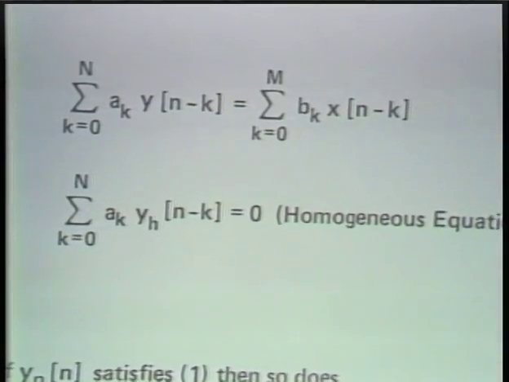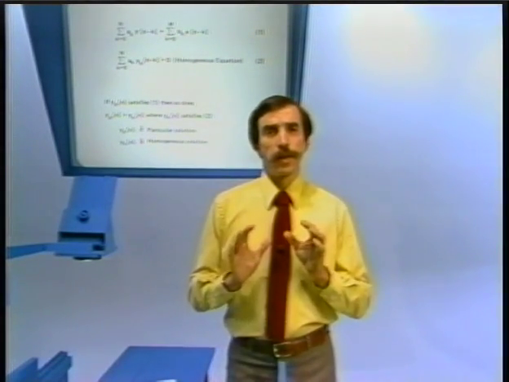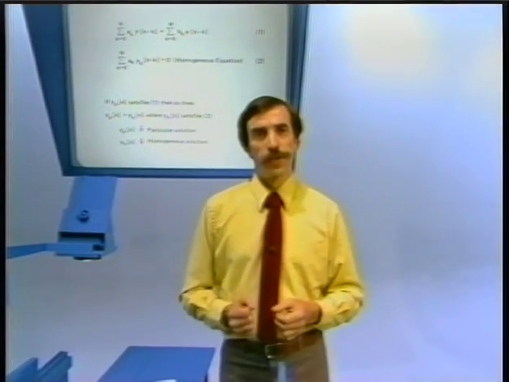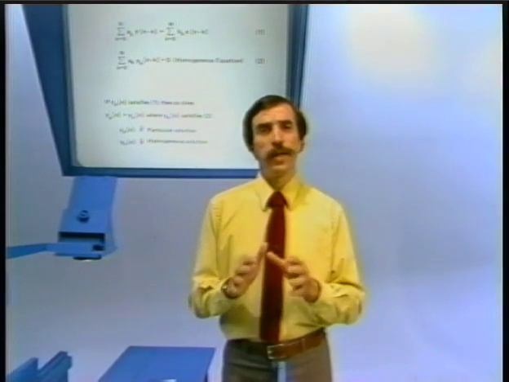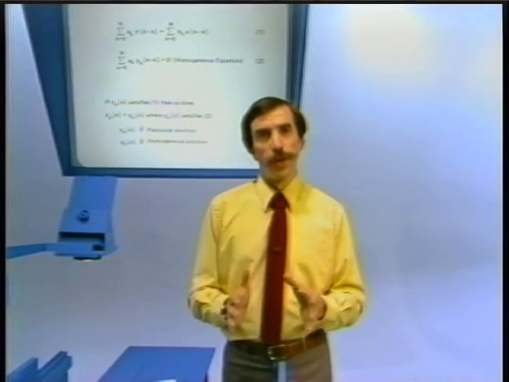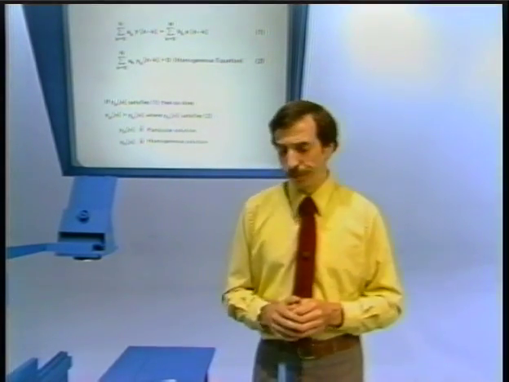Once again, the difference equation is not a complete specification of the system, because we can add to the response any homogeneous solution, in other words, any solution that satisfies the homogeneous equation, and the sum of those will also satisfy the original difference equation.